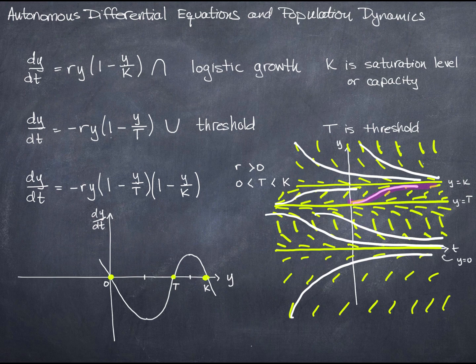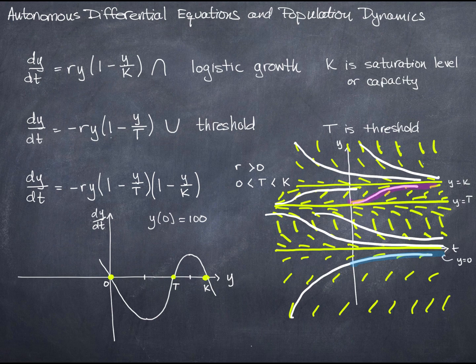Or maybe I had this many individuals, and this is my specific situation. But those are different solutions, one from the other. And you can only find those solutions if you have initial conditions, such as y of 0 equals 100, right? The initial population, the population at time 0, was 100 individuals. If that's 100 right there, then that's that solution, okay?